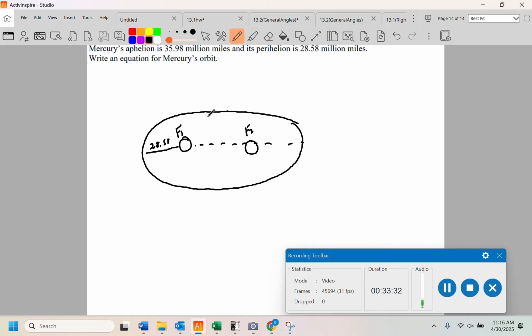Now my diagram's not really to scale. If one focus is 28.58 million miles from the orbit of the planet, so is the other one. That's important because that's allowing me to find c.